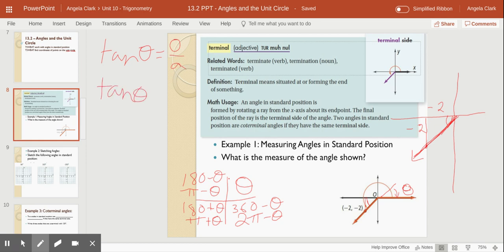I know that tangent of theta is -2 over -2, opposite over adjacent. So tangent of theta equals 1 in this case. And so in my calculator, I'm going to put inverse tangent of 1, and that will give me theta. Again, this is my reference angle.